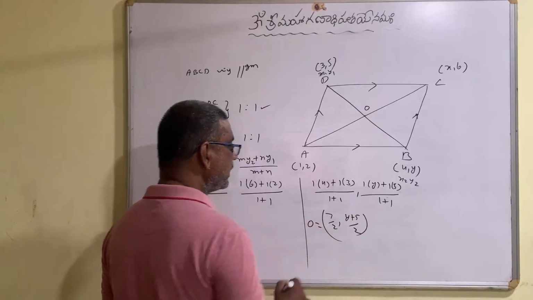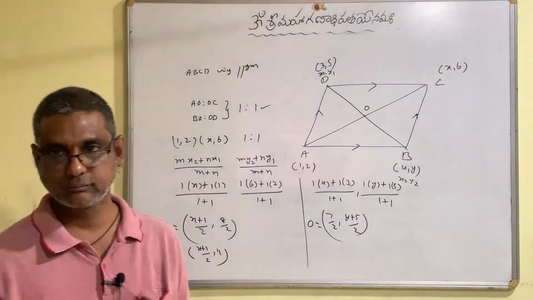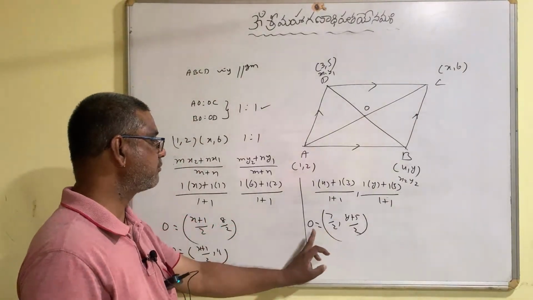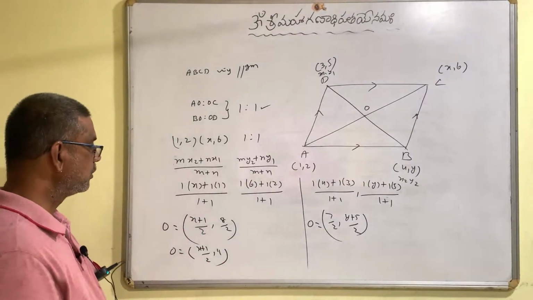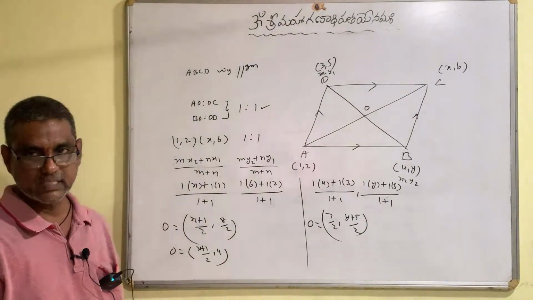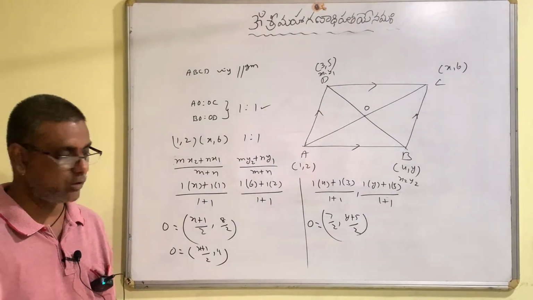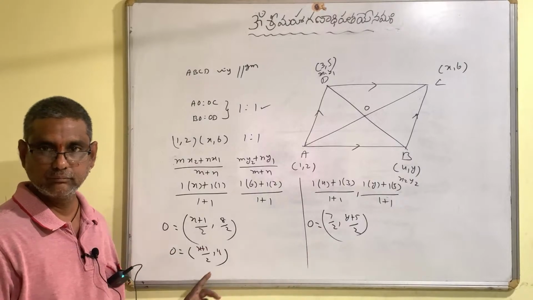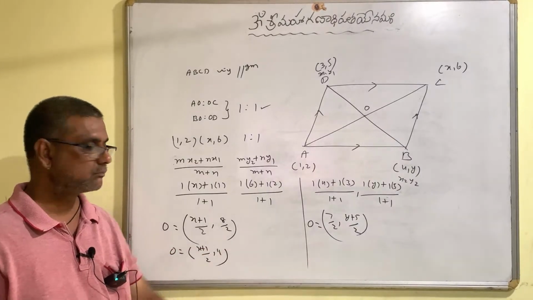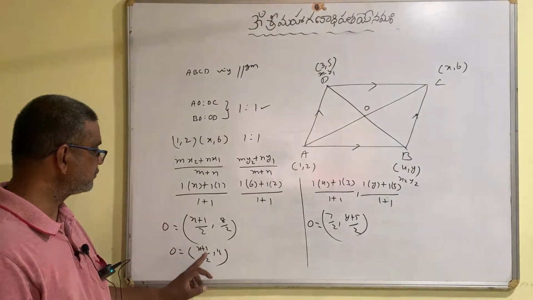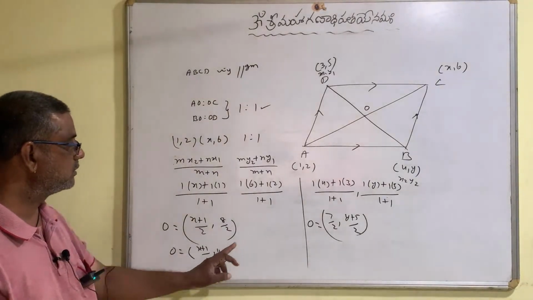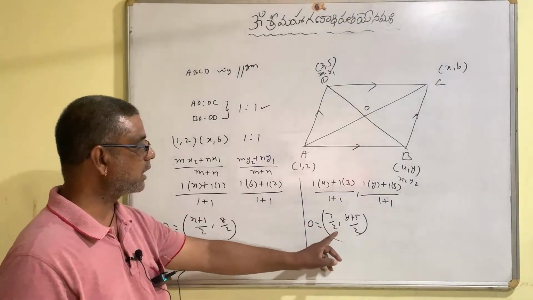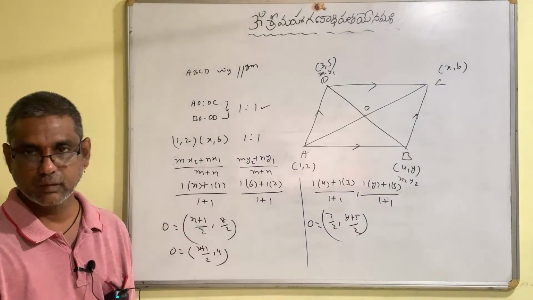Even this is also the coordinates of O only. Even these two are the coordinates of O only. So we got the coordinates of the same O, but differently: (x+1)/2 comma 4, and 7/2 comma (y+5)/2.